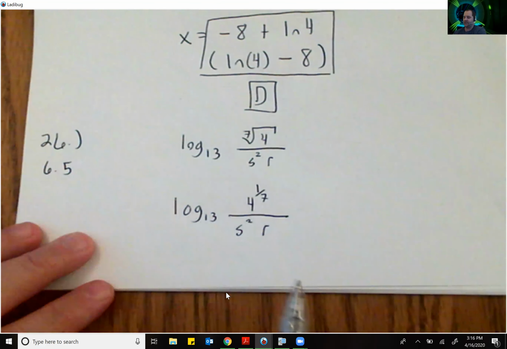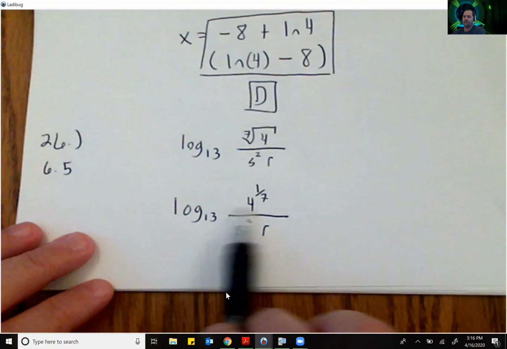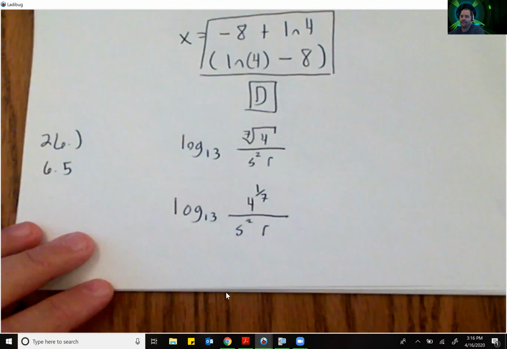What does division mean? With logarithms, when I expand out, what operation is division? Subtraction.